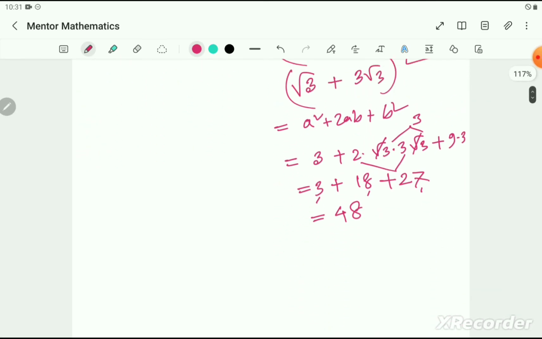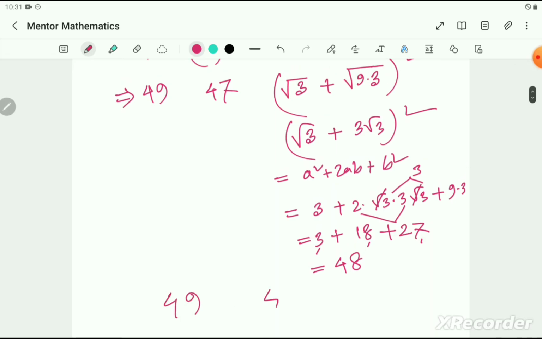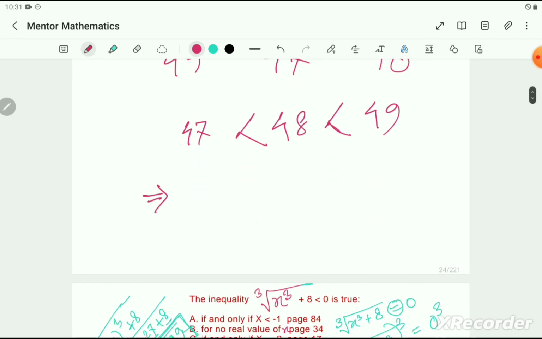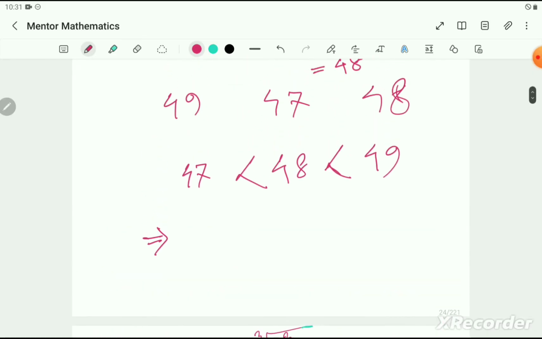So now let's compare 49, 47 and 48. Therefore we can write 47 is the smallest value, 48 is greater than 47 but less than 49. Now we can compare: 47 it was root over 47, 48 it was root 3 plus root 27, and 49 it was 7.